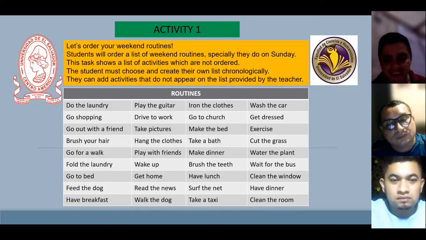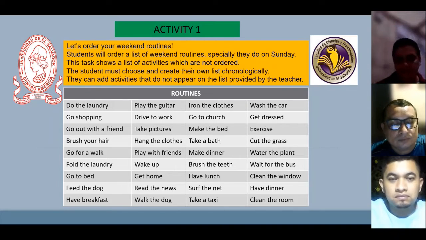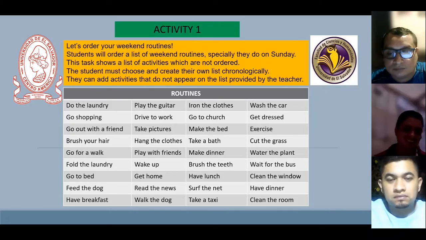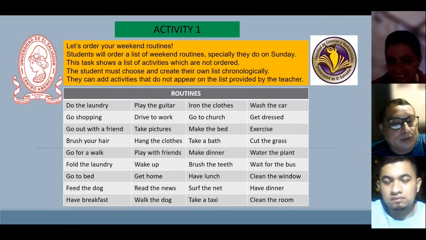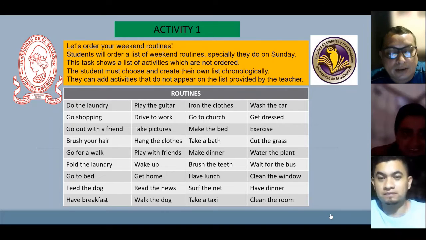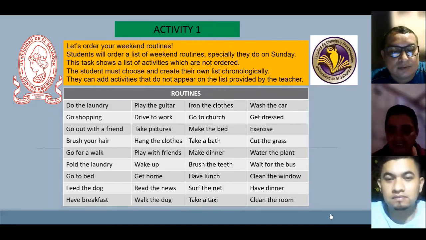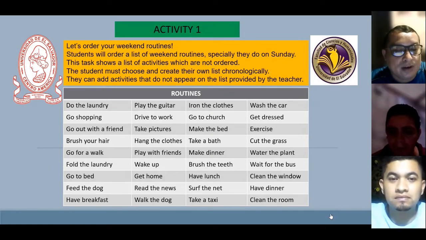And then I did some exercise. Then I read the newspaper. And then I had dinner just at night. Remember, you can add activities that do not appear on the list provided. For example, if you played video games or something else.